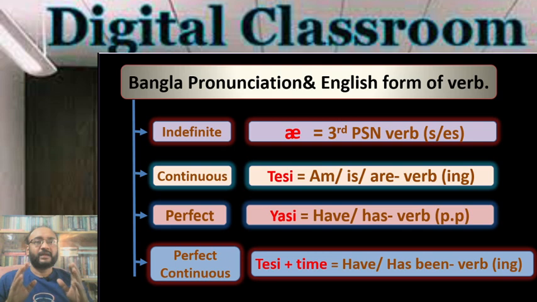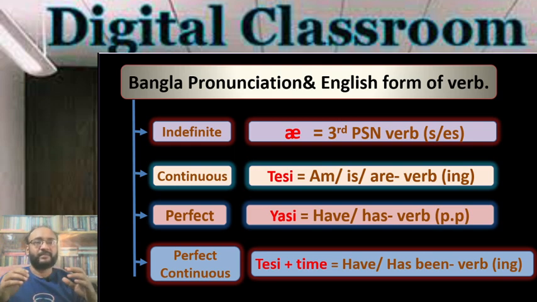So again, if your pronunciation is 'a', 'kai', 'gumai', like that, at that time it will be present indefinite tense. You have to use s/es if the subject is third person singular number. And continuous form, what is the continuous form? Thesi, kaitesi, likthesi. If the pronunciation is thesi, at that time you have to use am/is/are plus verb ing.